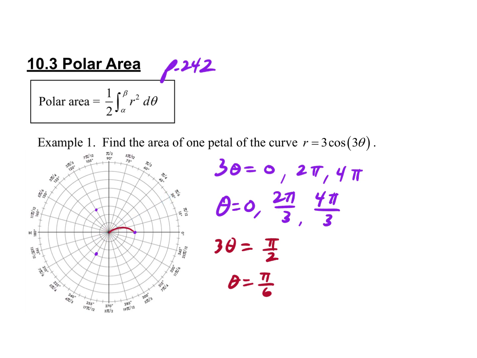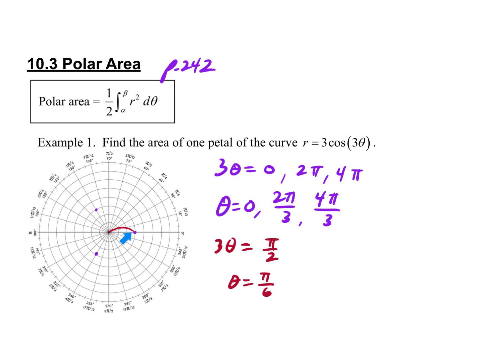Let's understand what's happening with the cosine and the radius of this particular rose petal curve as theta is changing, okay? So when theta is 0, r is 3 because the cosine is 1. Okay, so that's the longest the petal can be.